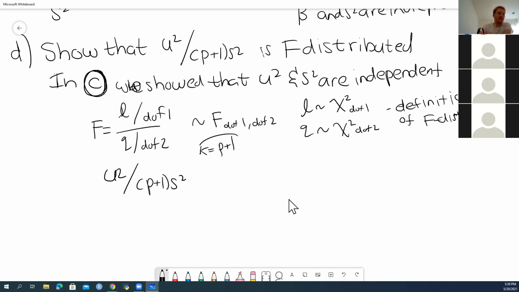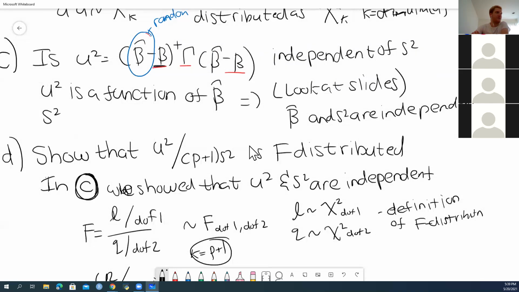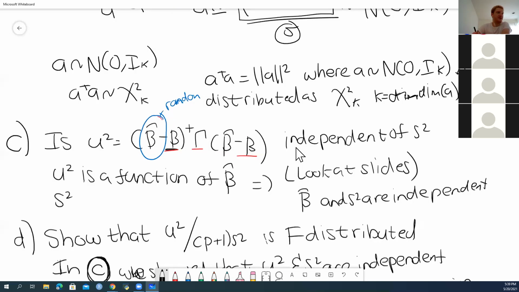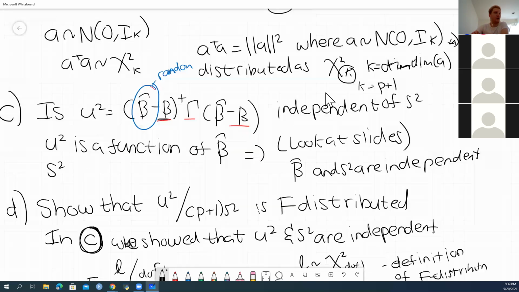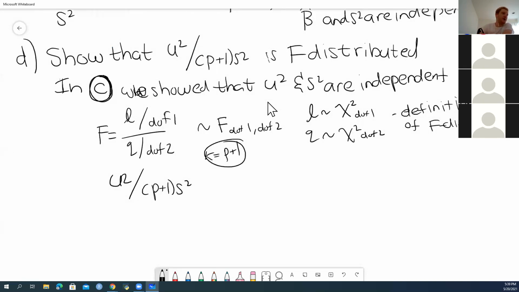So remember when I said this is distributed as chi squared K, well, it's actually distributed as chi squared P plus 1. So then we can say this is equal to U squared over sigma squared, which we showed is distributed as chi squared P plus 1, divided by P plus 1, over S squared.